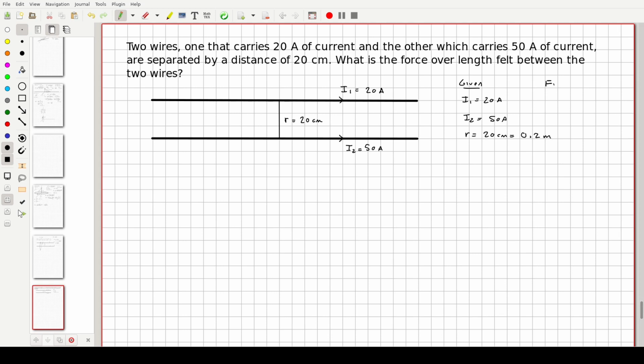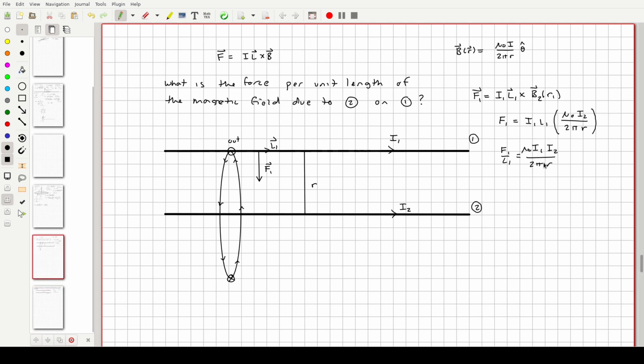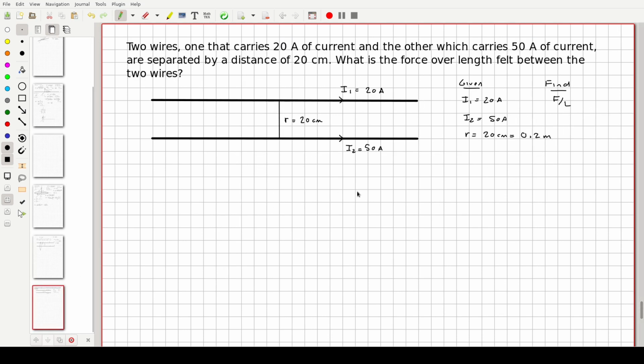And what we'd like to find here is the force felt between the wires, which is the same thing as the force per unit length on this one, or the force per unit length on this one, because as we talked about earlier, they're the same. So we're just looking at force per unit length. And that's what this equation right here is. So the force per unit length here is going to be mu naught I1 I2 over 2 pi times r.